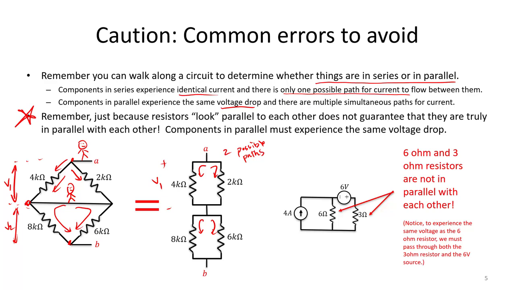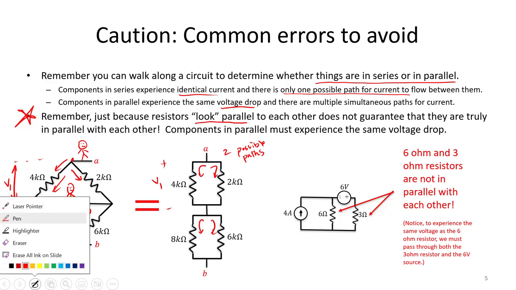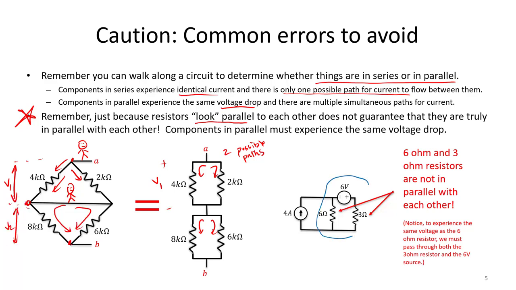Just because resistors appear parallel does not guarantee they are truly in parallel with each other. So, for example, if we look at this 6 ohm and 3 ohm resistor, they appear parallel to each other because they're both oriented vertically. But the 6 ohm and 3 ohm resistor experience different voltage drops.